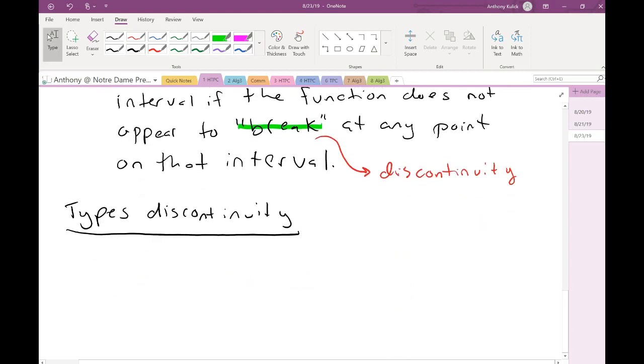Two of them you should definitely be familiar with from last year in Algebra 3-4. So when we say holes, I'm going to call that a removable discontinuity.